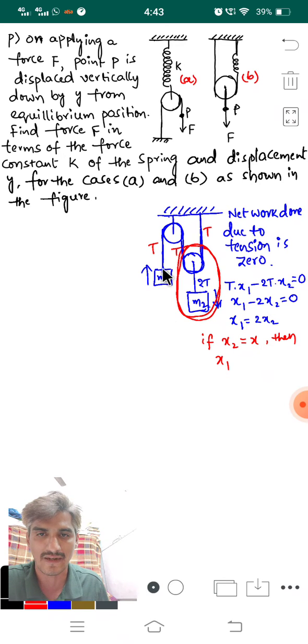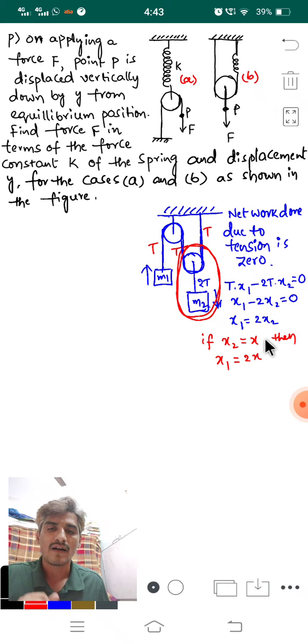M1 moves to a distance of x1 in the upward direction. This movable pulley, how much distance will it go, or how much distance does this string move? That is what we have to calculate. Therefore x1 is equal to 2x.